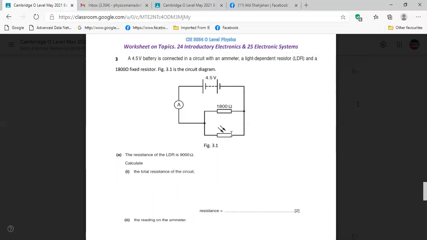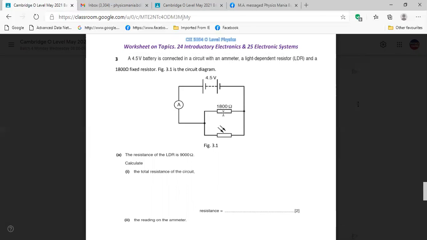That's why your current is changing. But this resistor, the resistance remains same like before, and the voltage is also same because it is in parallel connection. Previously it was 4.5 volt, now it is also 4.5 volts. So current will also be same. Is it clear? Yes, sir.